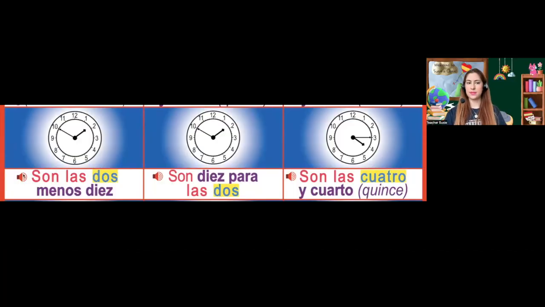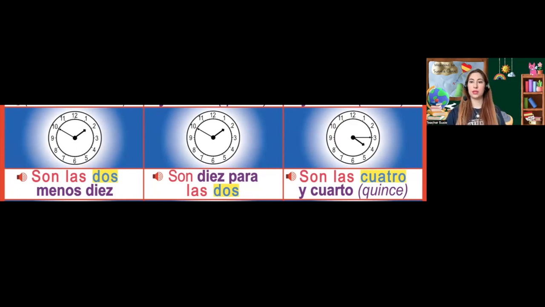¿Qué hora es? Son las 2 menos 10. It's 2 menos 10. Minus 10 minutes. Makes sense? The actual time is 1:50. But in Spanish, we prefer to say 2 minus 10 minutes.